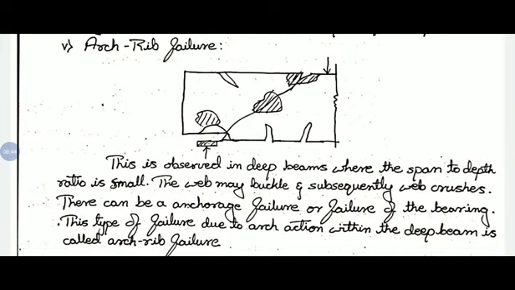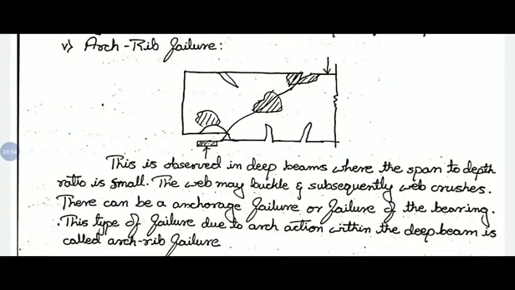So this type of failure is majorly observed in the deep beams, the beam which is having more depth, or if the L by D ratio is small, obviously the depth will be more. So in such cases the arch rib failure will occur.